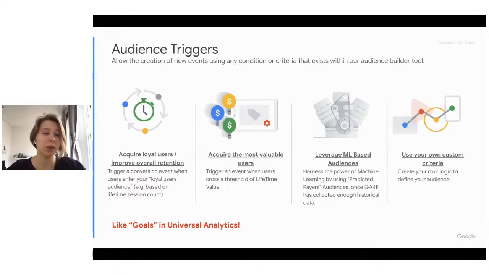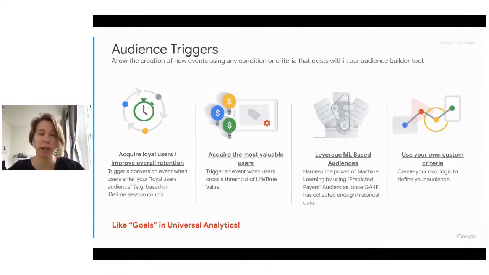Potentially, you would want to trigger an event when the user crosses a specific threshold of lifetime value, or the probability of purchasing a particular product on your site. So this can also be done.